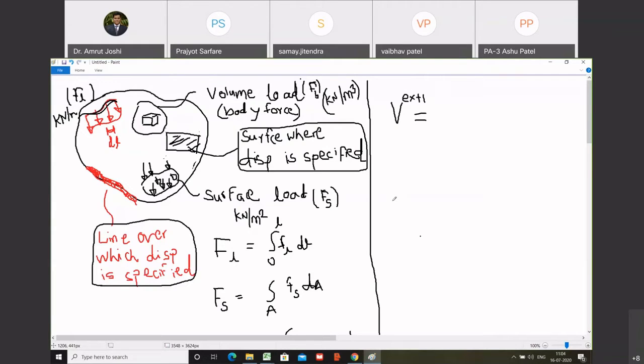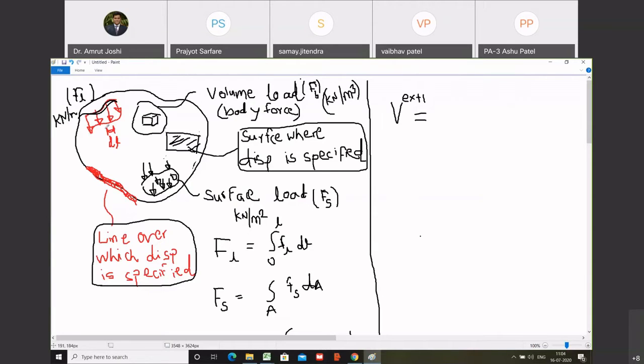Are reactions external to the body or internal to the body? External. So even reactions are external actions. Therefore, we are now going to write down potential energy associated with external body loads, surface loads, and line loads, as well as reaction loads. Do you agree with me?